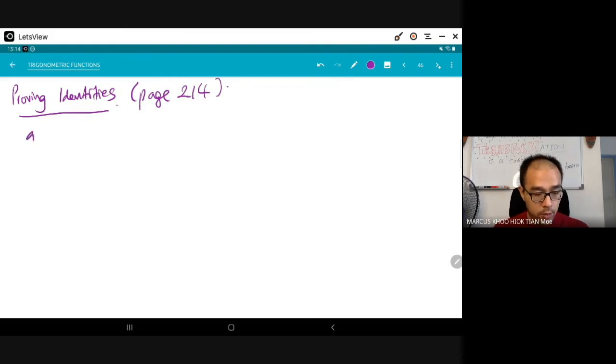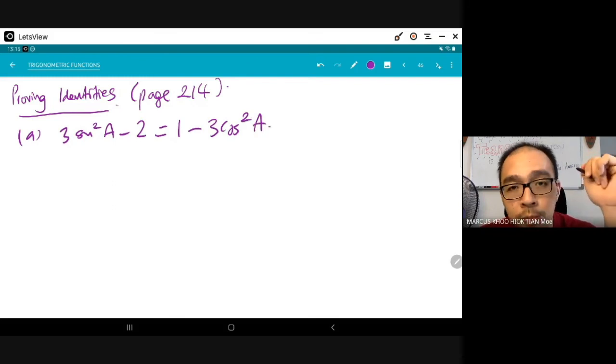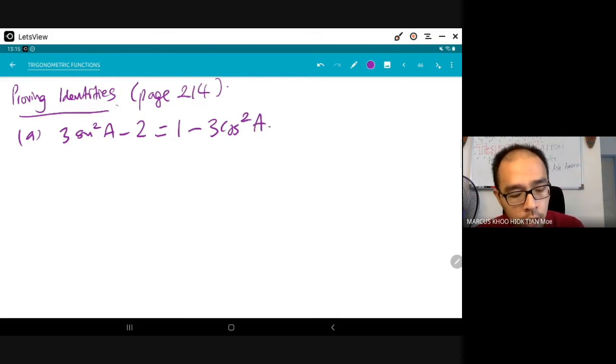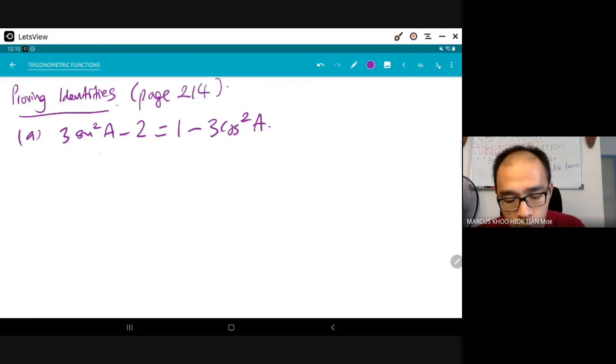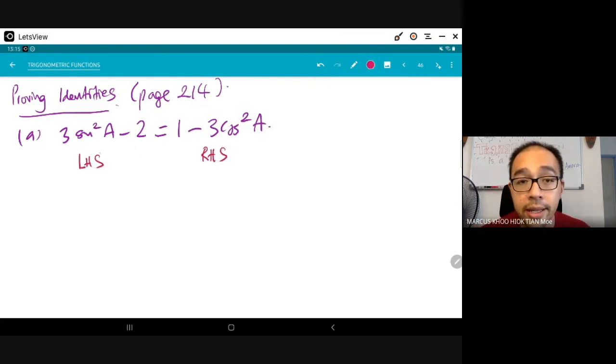3 sine squared A minus 2 equals 1 minus 3 cos squared A. Now, when we are proving identities, we cannot move this around. It's not like moving terms from the left to the right. No. What we do is we label this as the left hand side and we label this as the right hand side.